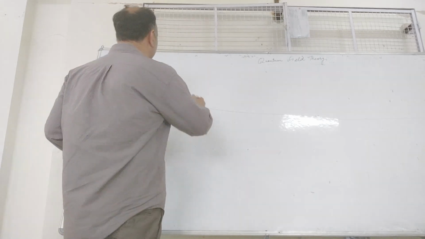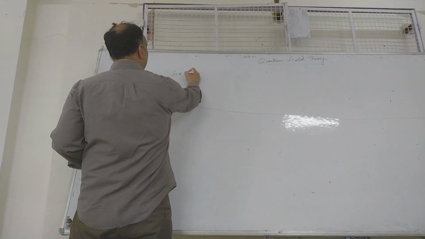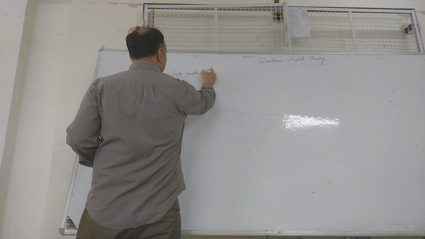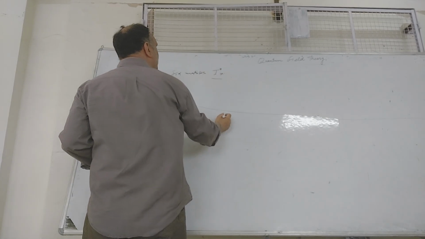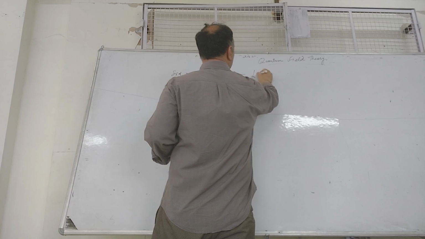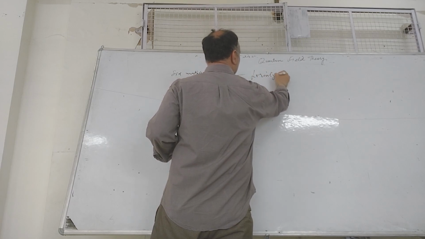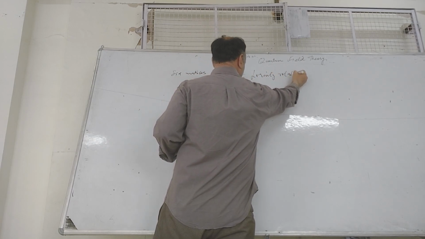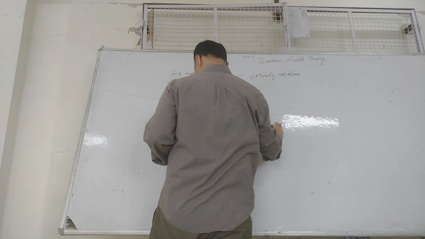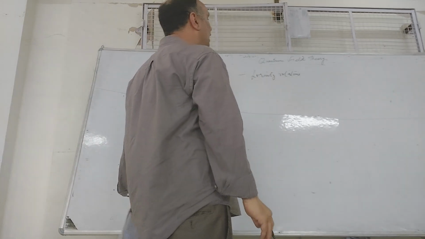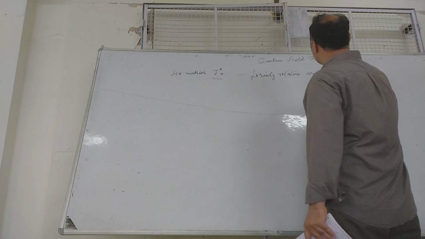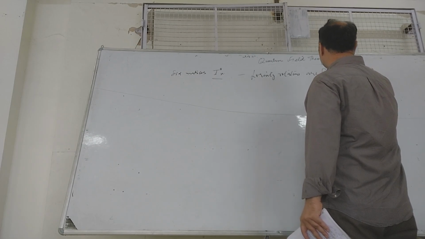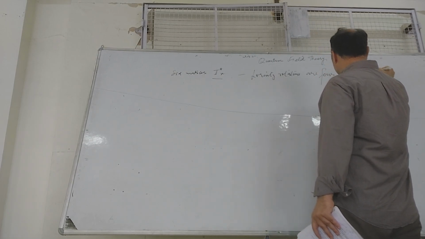So the 6 matrices which are generated by this correspond to Lorentz rotations, and which are 4-dimensional space-time.